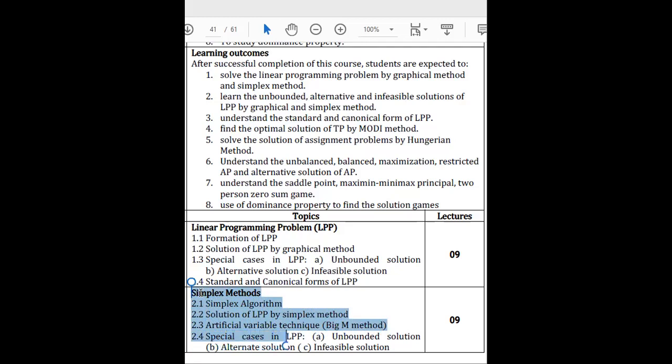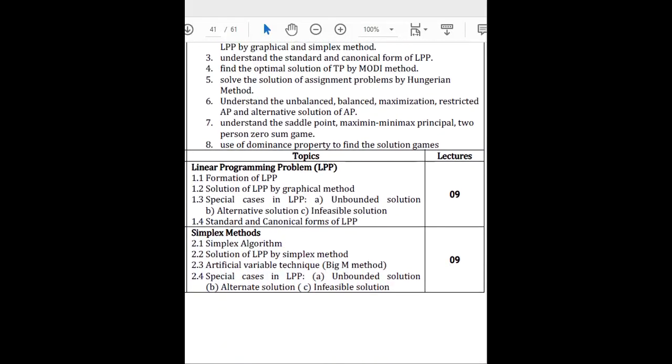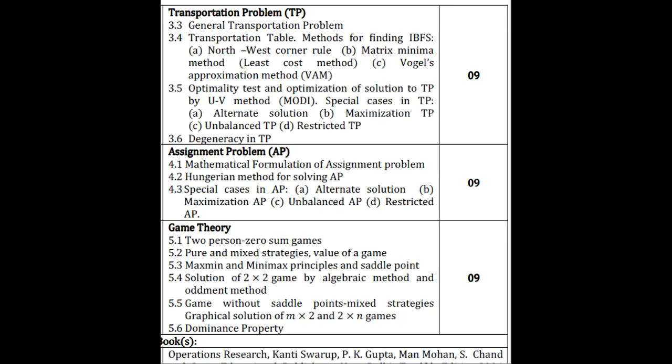Special cases in LPP, unbounded solution, alternative solution, and infeasible solution. Now, the third chapter is transportation problem.